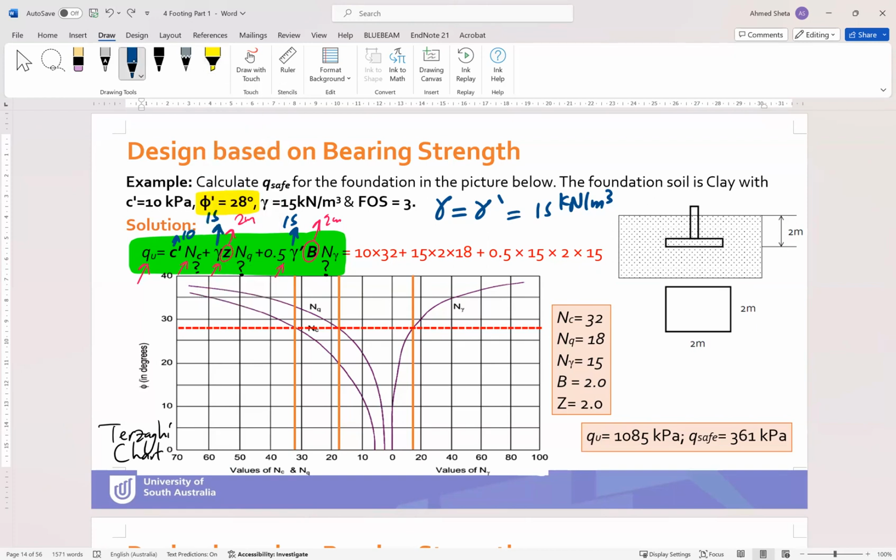So if we go to our chart here, this is the point of phi 28 degrees. If we go horizontally, we'll cut the diagram in these 3 points. So here are the 3 values we are looking at. The first one is the value of Nc, which is 32. Second value is Nq, which is 18. The third value is 15 for Ngamma.